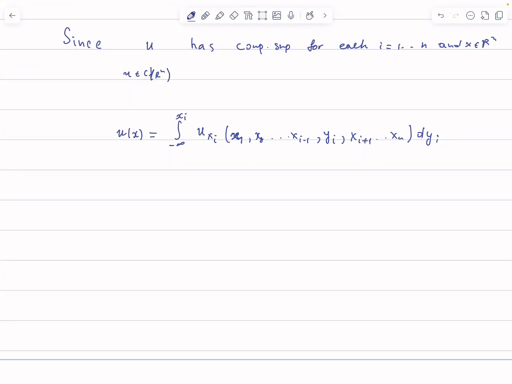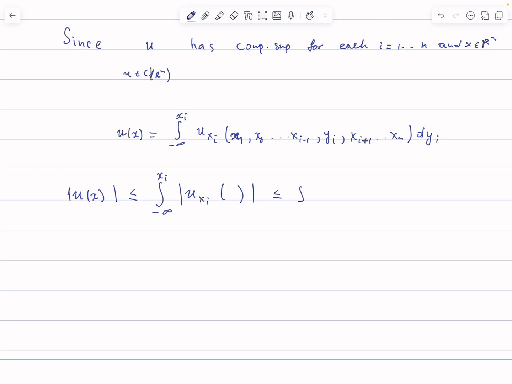Now let's take the absolute value of u(x). We know that this one is less or equal than the integral from minus infinity to xi. Here we have the absolute value inside.